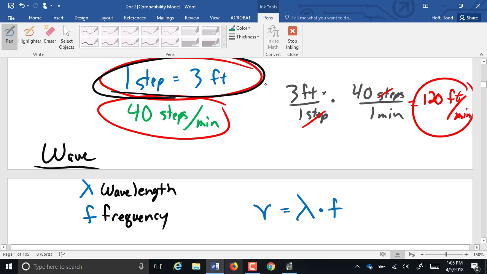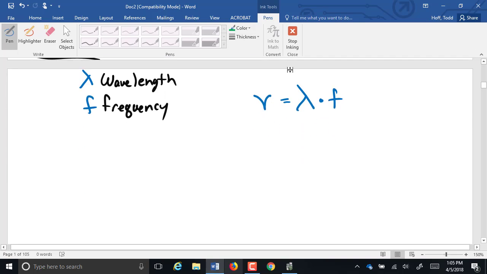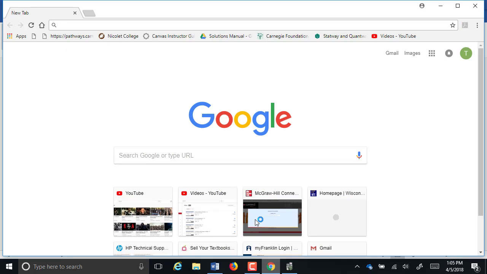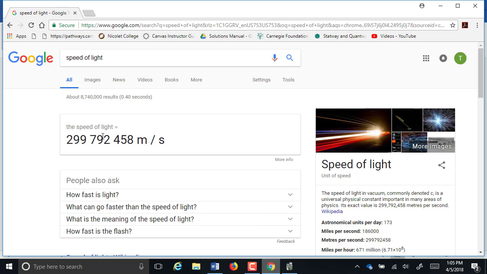Anybody know the speed of light? I want to say it's 300,000 kilometers per second.